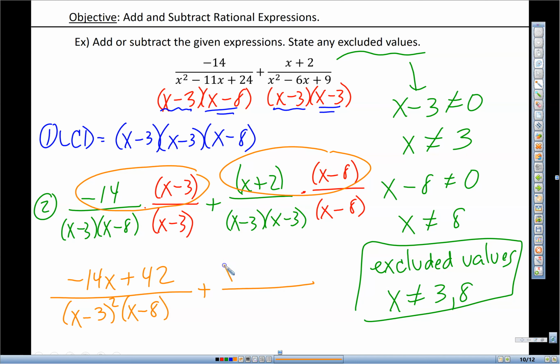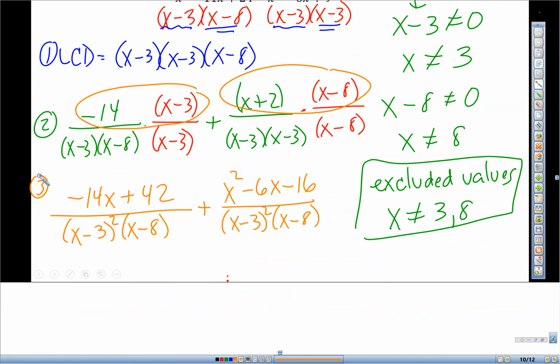Here we have to distribute twice. We get x squared minus 6x minus 16. Now we are to the point where we're going to add, so we're adding each of these three terms to the terms before.